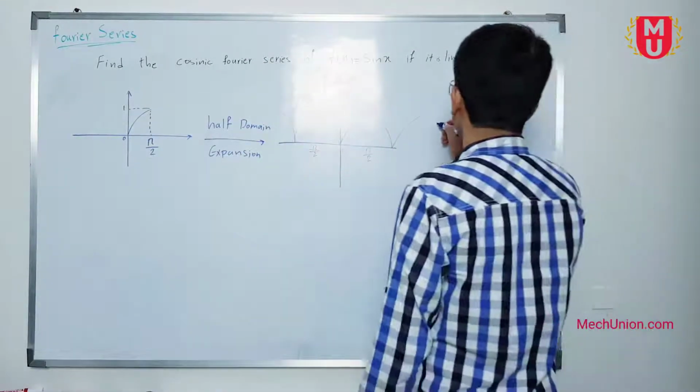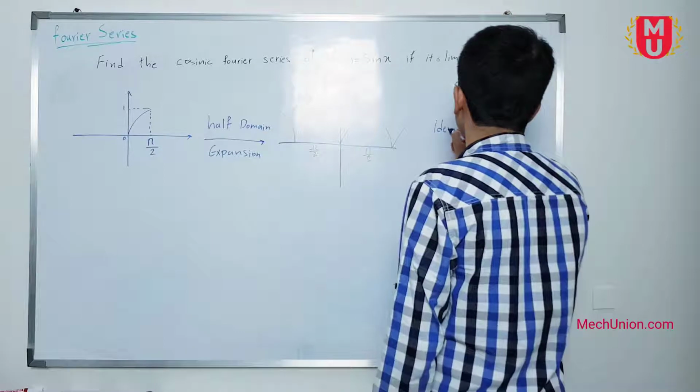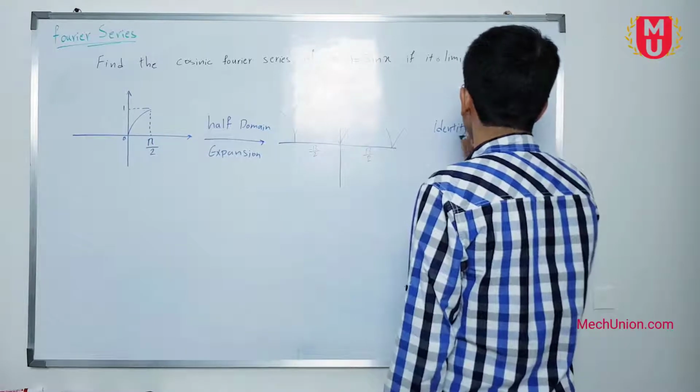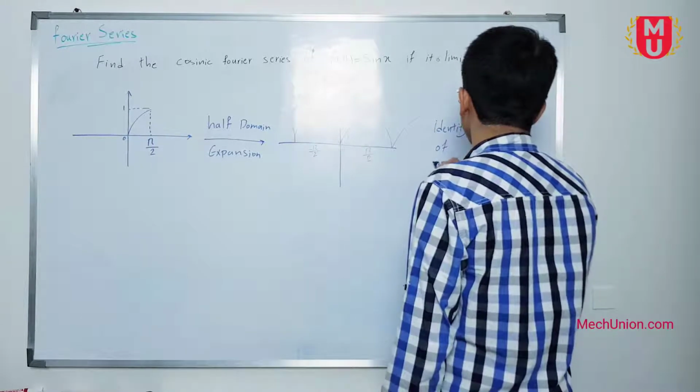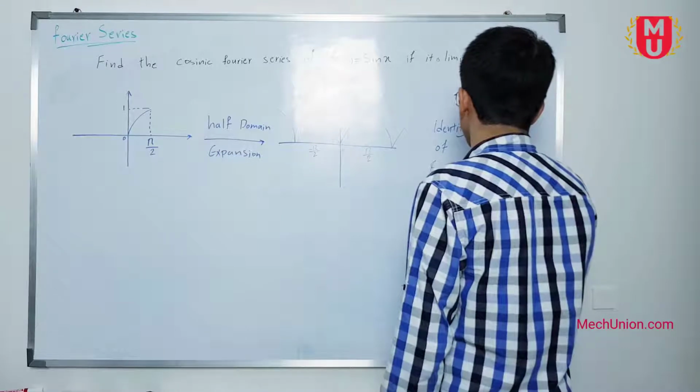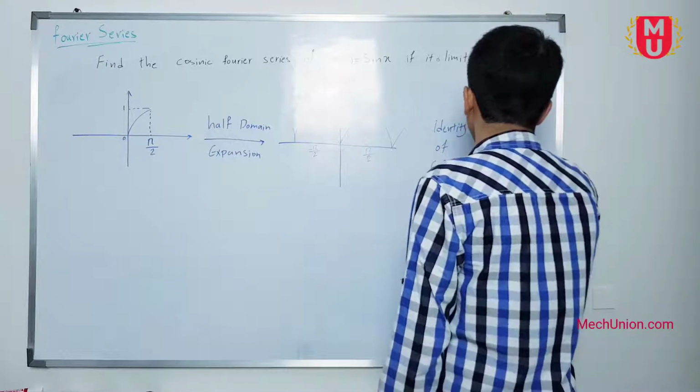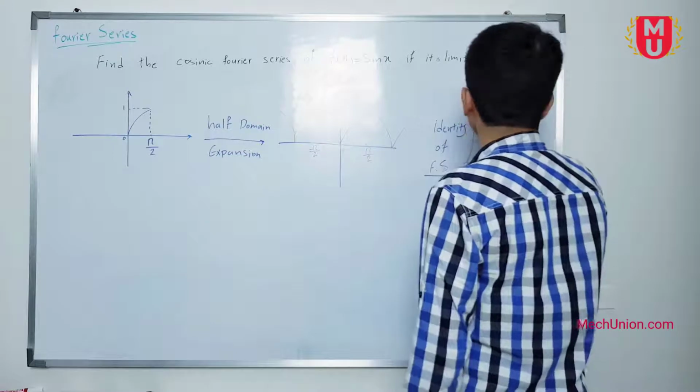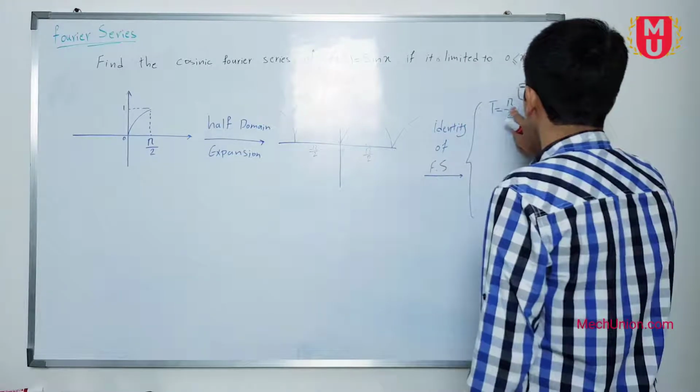Firstly, we write down the identity of Fourier series. T equals pi.